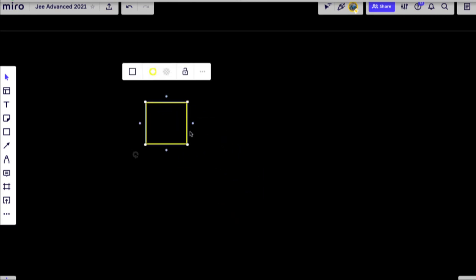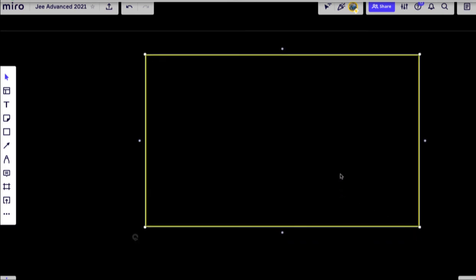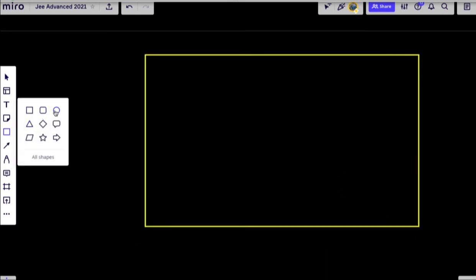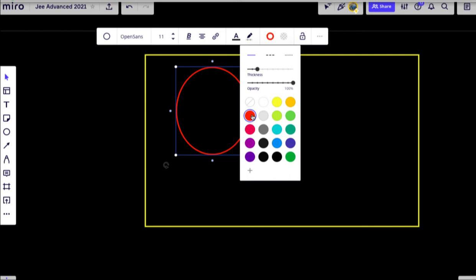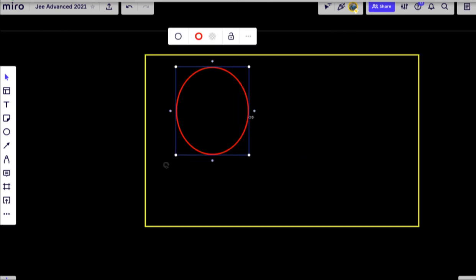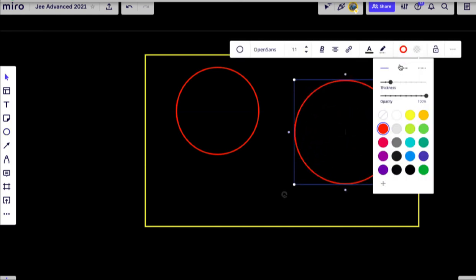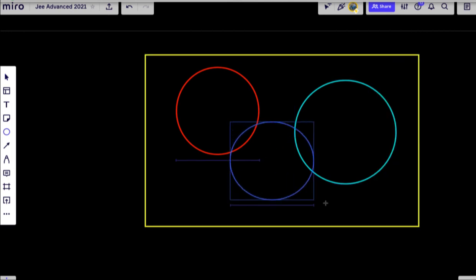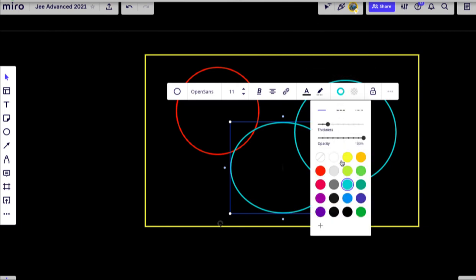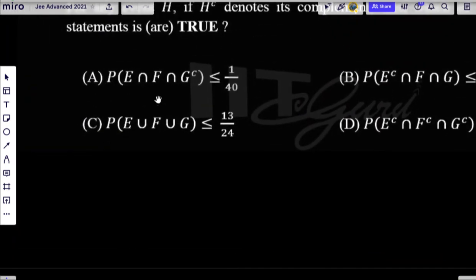Increase the size so that we can also draw A, B, C. One of them, let's say this be A, and similarly another set that is called B, and another set that is called C. So let me say this is C. So A, B, C are the three sets here. Actually, A, B, C is not there. It is given as E, F, G.